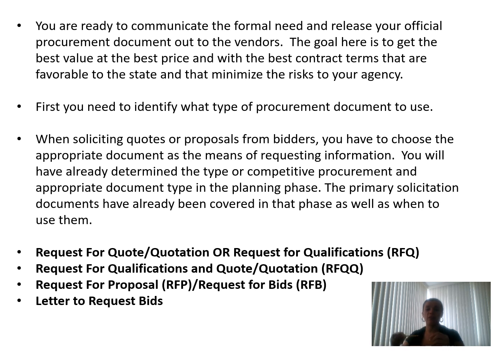If you need to verify some specific qualifications that are part of the requirement for a specific scope of a procurement process within a contract, you will need a request for qualification and quote because you need more information. If your requirement is more complex and you need more than just a price and qualification, you will go through a request for proposal. And if you only need an offer for specific things and you have clearly identified your vendors, you will go through a letter to request bids.